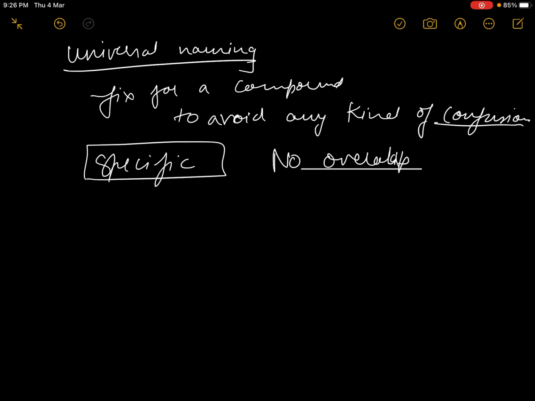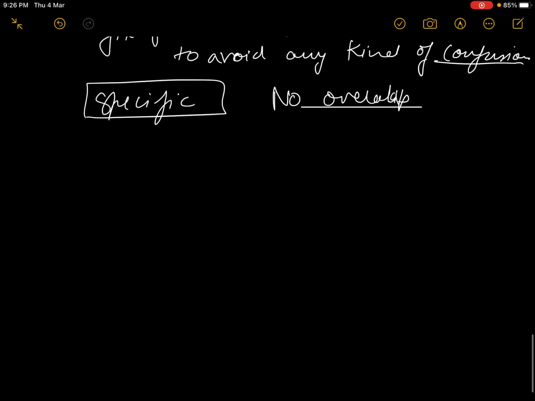And there is a proper rule for how we give this name. First we write the secondary prefix, if it has any.